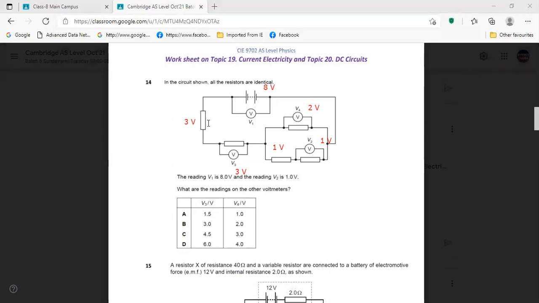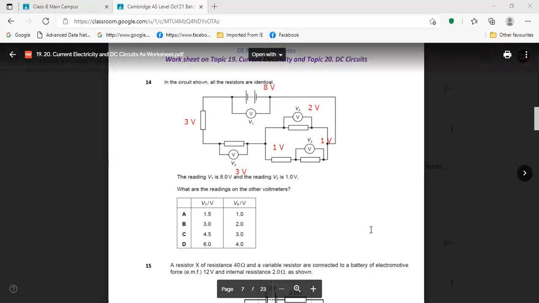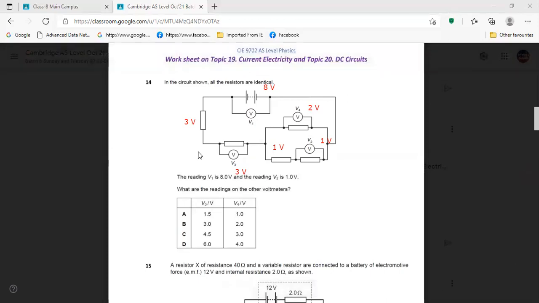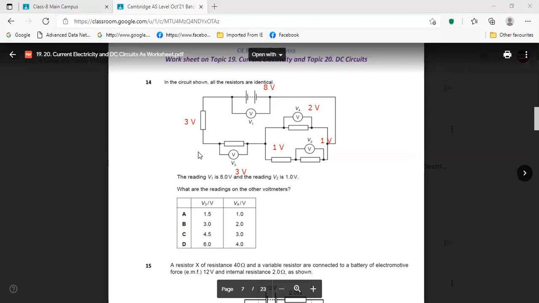So the 6 volt will be shared equally in these two resistors, V3 and this one, okay? Yes sir, now I understand. That's why it is 3 volt. And this one is also 3 volt. So option B. Option B, yes. B for ball.